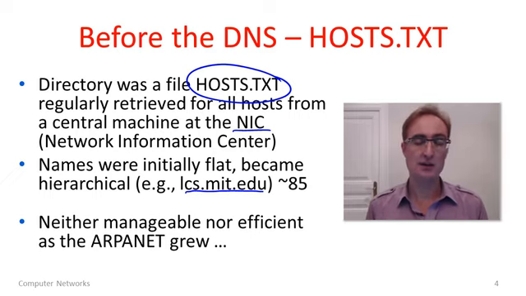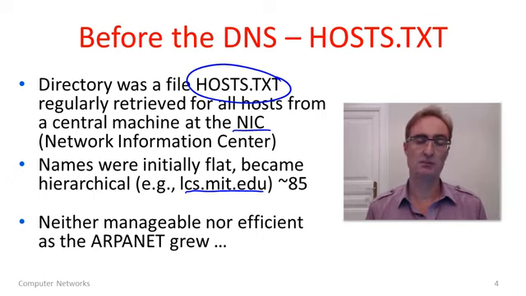As you might imagine, this initial scheme, copying the authoritative file from the central information repository, was neither very manageable nor very efficient as the ARPANET grew into the internet. It wasn't very manageable because there's one central location and you need to coordinate with it to get your information into the network, and there are possible naming conflicts, especially when everything's flat and so forth.